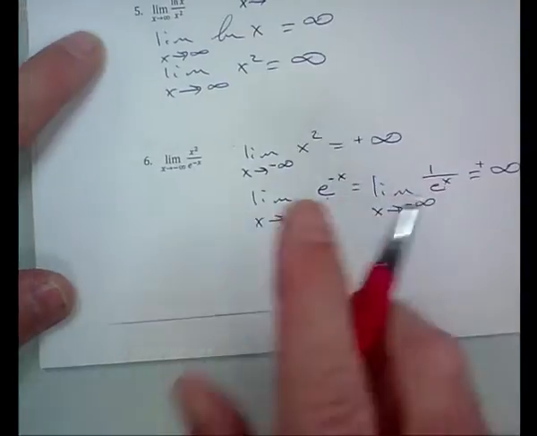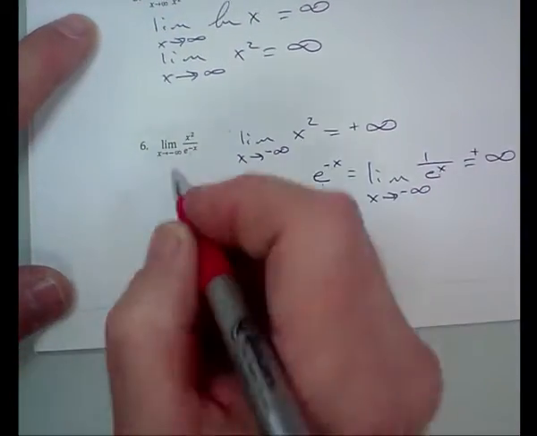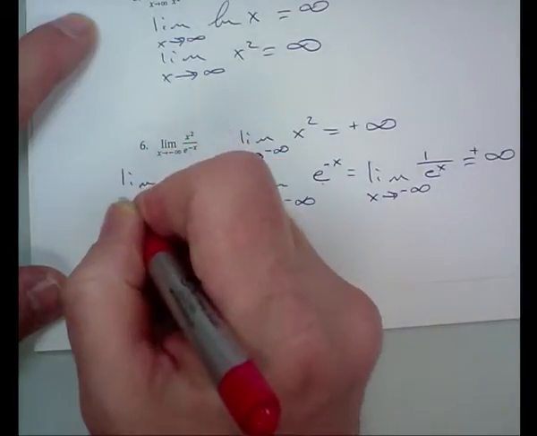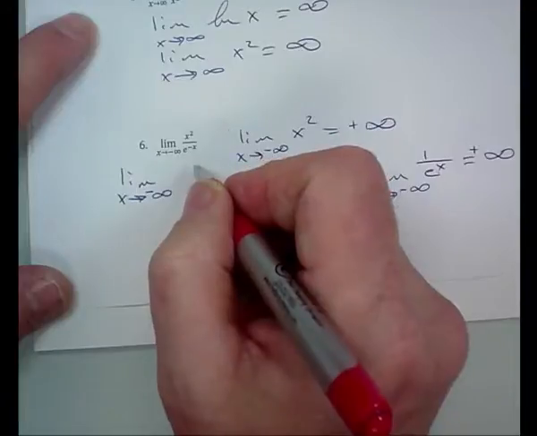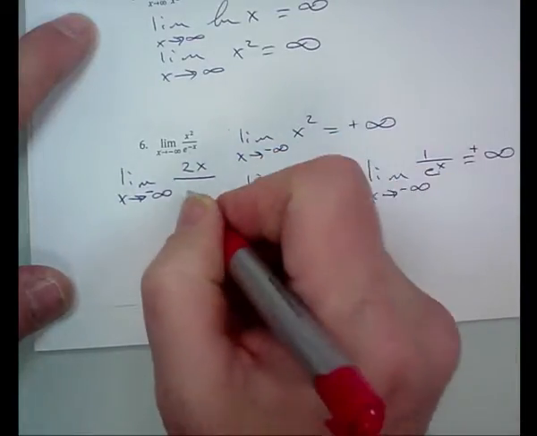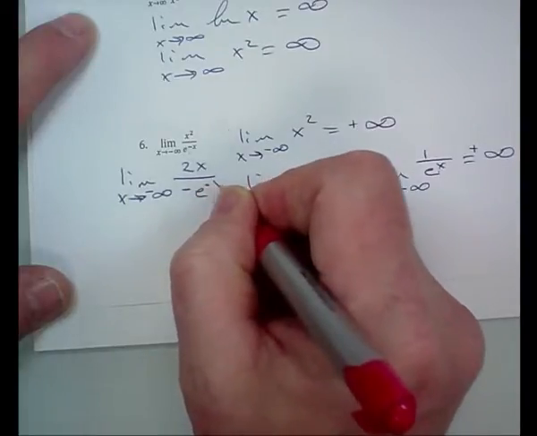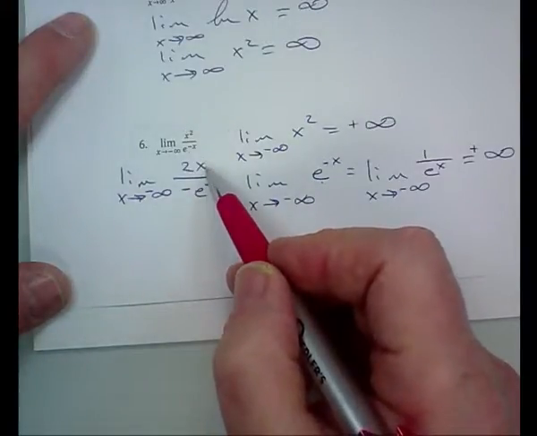Okay, so now who's doing this? Cooper. So Cooper, I can give L'Hopital a call and keep going. That'd be the limit as x approaches negative infinity of 2x over negative e to the negative x. Yeah, that's good. So what does that give me here?